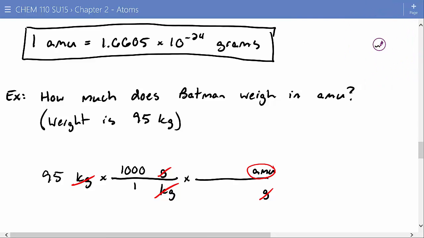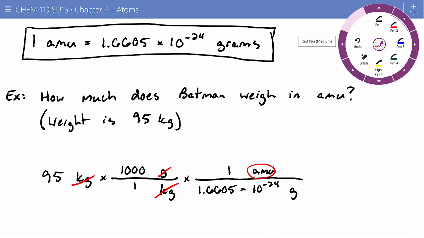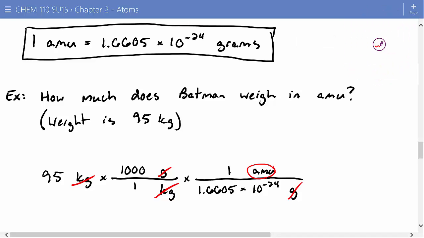So we would say 1.6605 times 10 to the negative 24th grams for every 1 AMU. Cancel out grams. Now we can do our math, but we also need to keep track of Sig Figs. So I'll do this on my calculator.